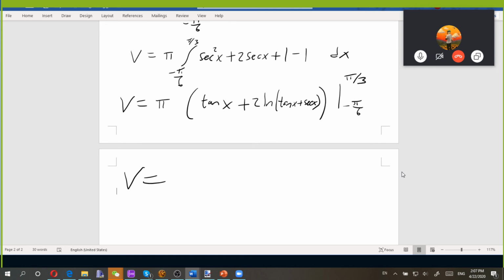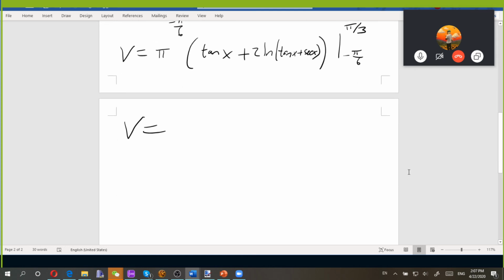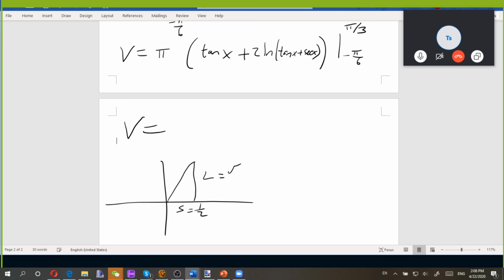Tommy, what's the tangent at pi thirds? Tangent of pi third. So here's pi thirds. It's got a long side and a short side for its y value and its x value. Short sides are always 1/2. Long sides are always root 3 over 2. Tangent is y over x. So what's the tangent at pi thirds?